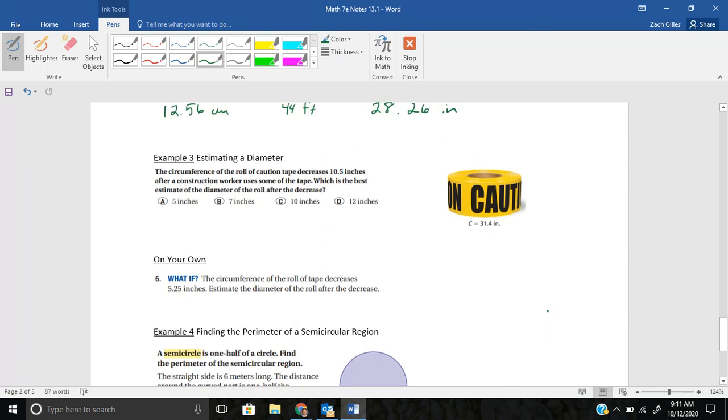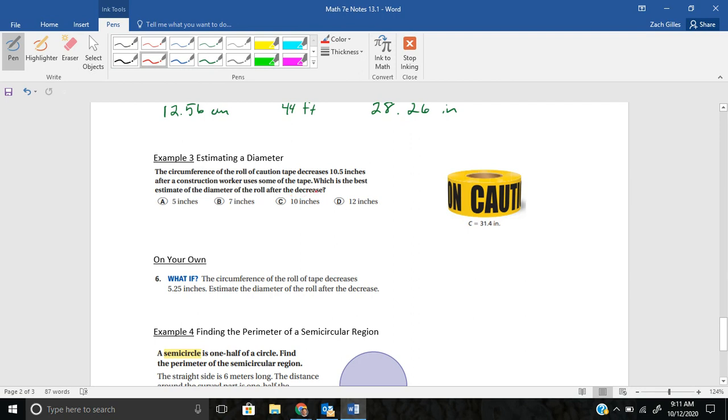Moving on, we now are going to work on estimating a diameter. So it tells us that the circumference of a roll of caution tape decreases 10.5 inches after a construction worker uses some of the tape. Which is the best estimate of the diameter of the roll after the decrease?